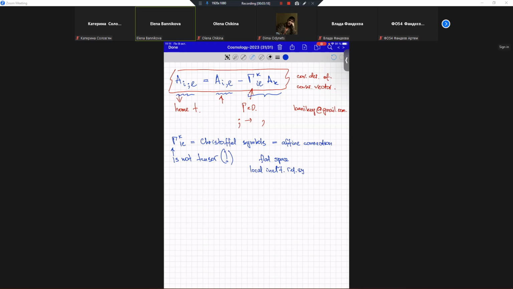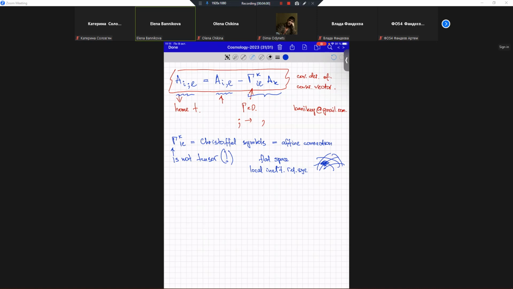It means that if we have a curved space, we can choose some local region which we can consider as a flat space. Since we would like to build a general theory, we can freely go from a general coordinate system, which can coincide with the curved space, to the flat space, which is related, from the point of view of general relativity, with an inertial reference system. A curved space is not an inertial reference system, as we understand.